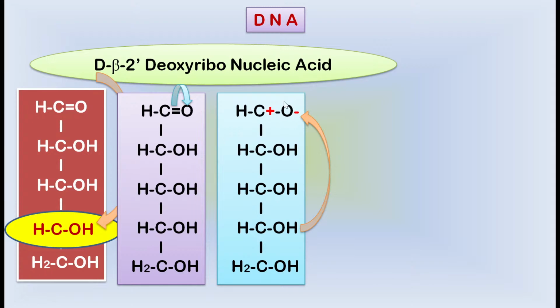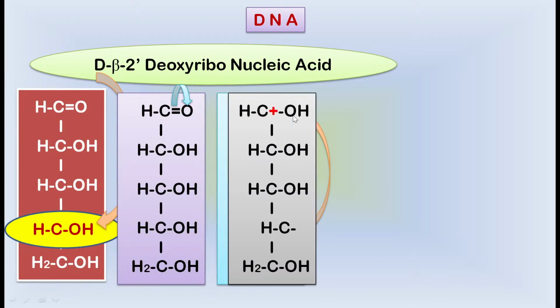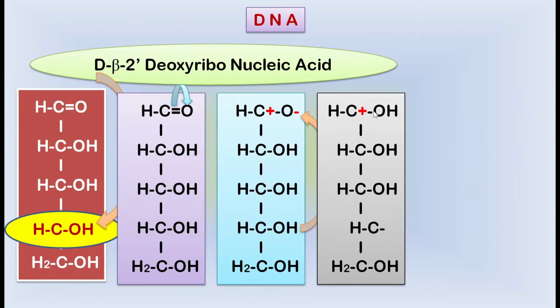To fulfill the valency of oxygen, the hydrogen of the penultimate OH group transfers to the oxygen. And in order to fulfill the carbon valency, which is 4, a glycosidic bond is formed between the fourth carbon and the first carbon. This is known as the glycosidic bond, and this is known as the anomeric form.